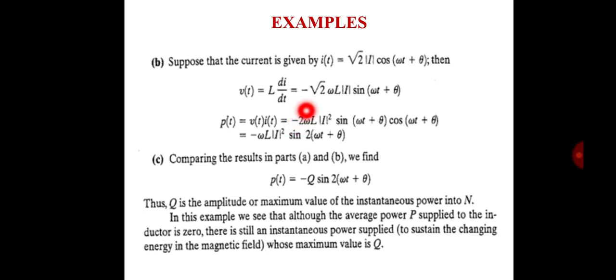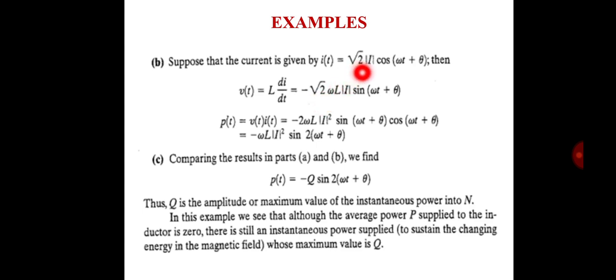This time the current given is i of t equal to root 2 I cos(omega t plus theta). Then v of t is equal to L di by dt. Now put the equation root 2 I cos(omega t plus theta). L is constant, so write the L. Root 2 is constant, so write the root 2.